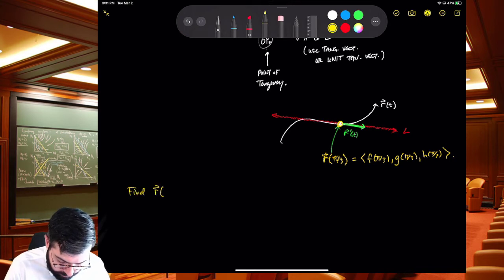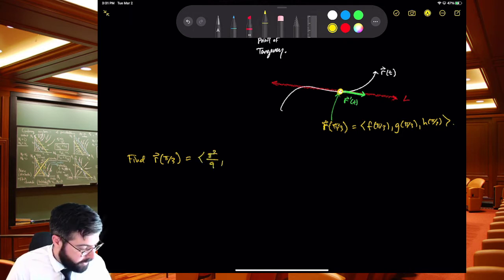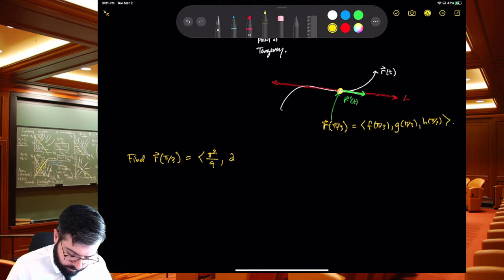So find r of pi over 3. That's what? t squared, pi squared over 9. And we'll get 2 sine pi over 3, 2 cos pi over 3.